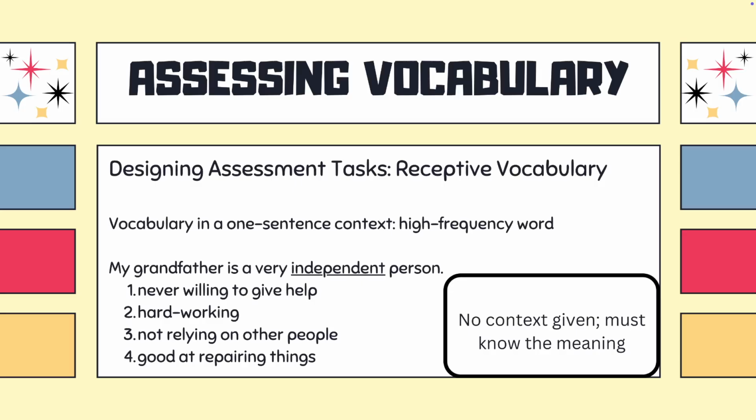And so you have to know the meaning of the word independent. We are testing their knowledge of the meaning of the word. Okay, so you can see the 4 responses there. These are all attributes of a person, which makes it much harder for the student to guess, right? That's one of the strategies you will use to make sure that they're not guessing.